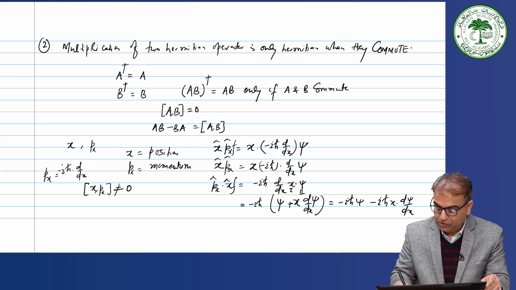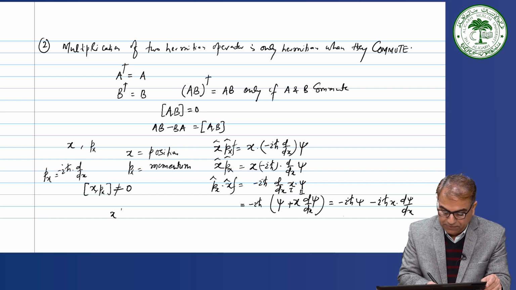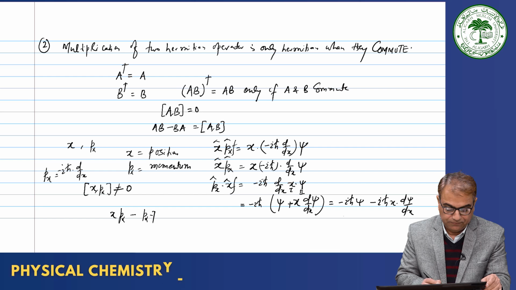Now you find out x Px minus Px into x, that is the commutator.